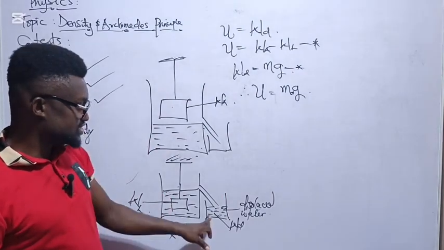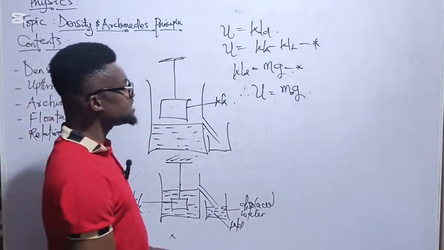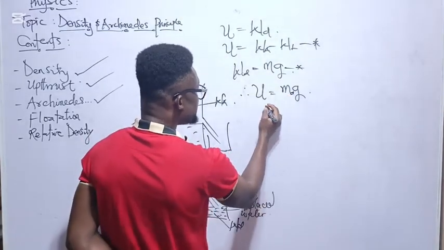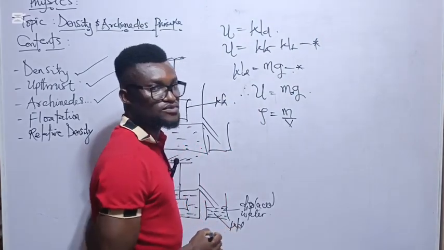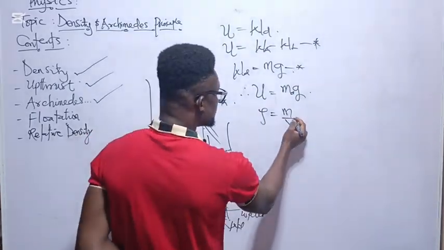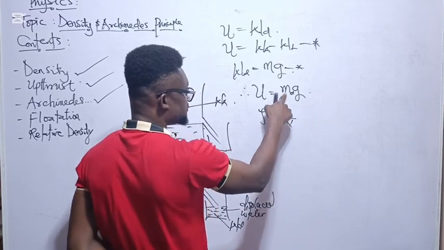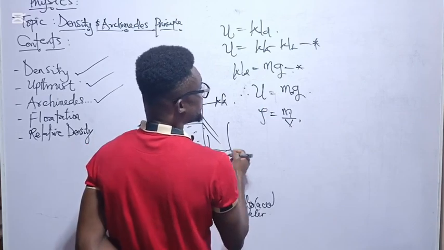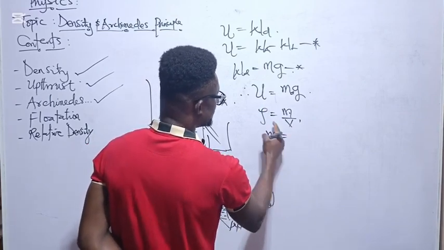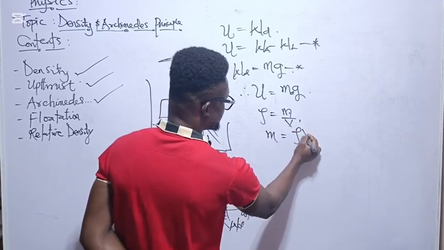Displaced liquid. At this point, you remember that density is mass per volume. If we make the mass the subject in order to replace it here, you have that mass is equal to rho v.